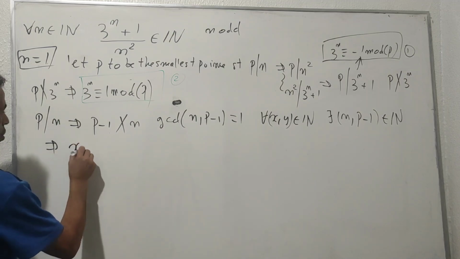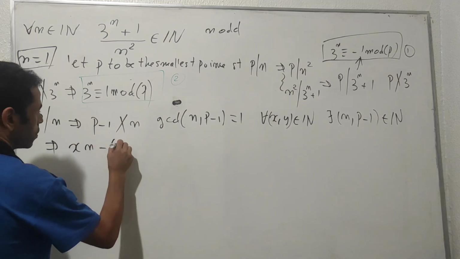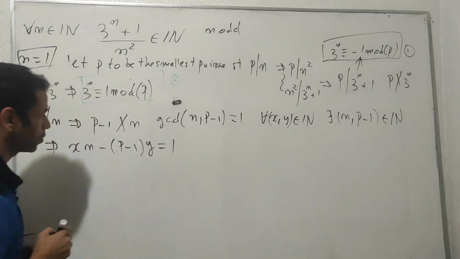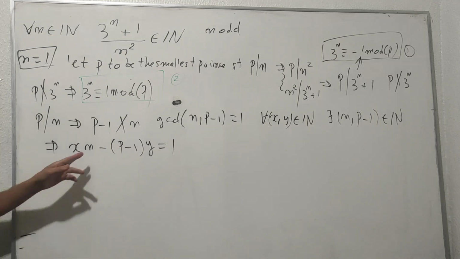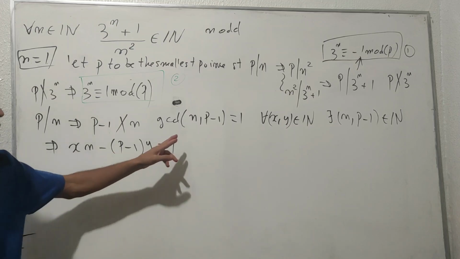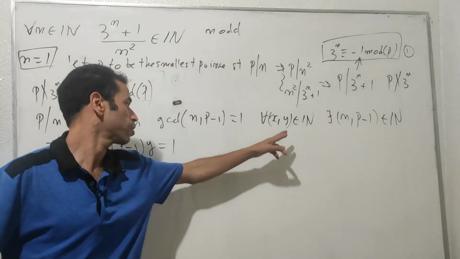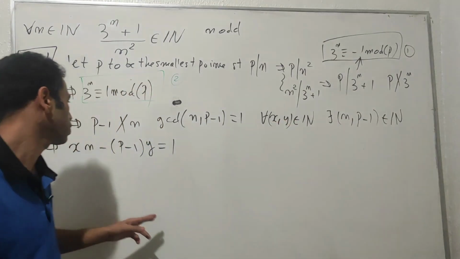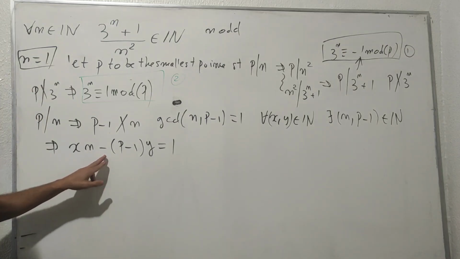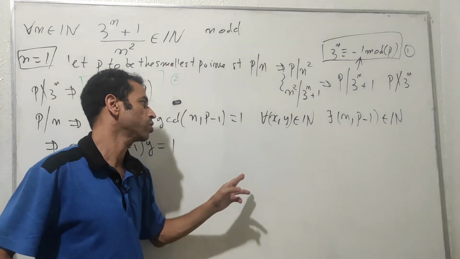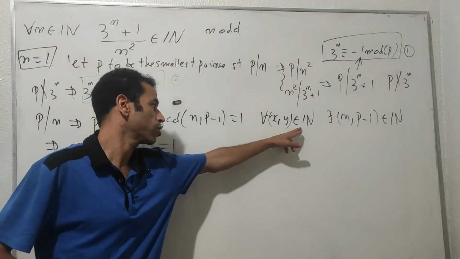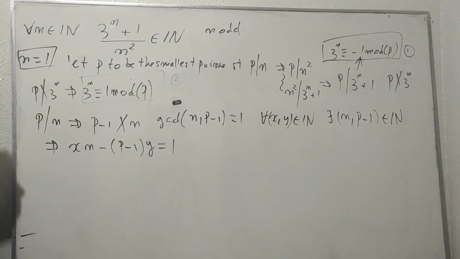So we get x multiplied by n minus (p minus 1) multiplied by y, which equals 1. Okay, so we might ask why we put the minus sign here: because we are choosing x and y as natural numbers. If we were taking them as integers, we could put a plus sign, because once you choose integers, you can put plus or minus, but if you choose natural numbers, we must have the minus sign here. Okay, this is the difference.